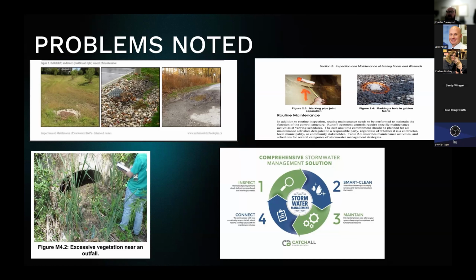These are all problems that need to be taken care of. So through proper inspection and maintenance, they can include the inflow, removing excess vegetation, general housekeeping, and maintaining your storm drain structures.